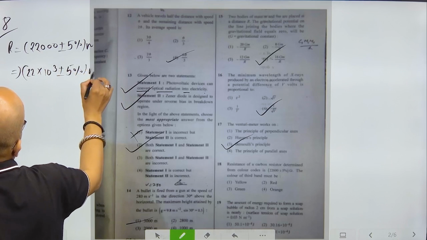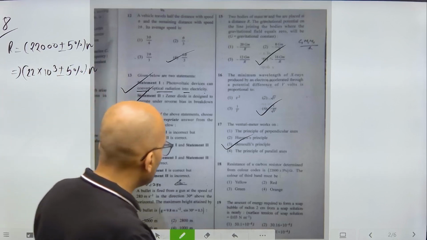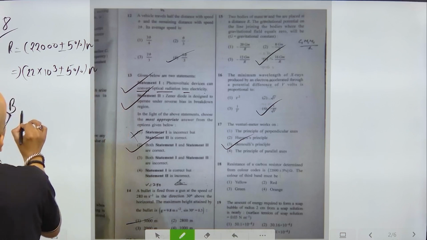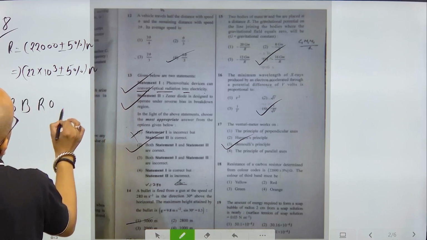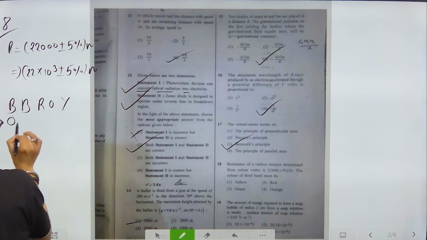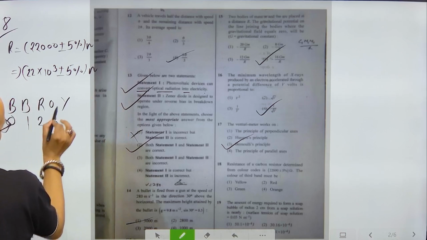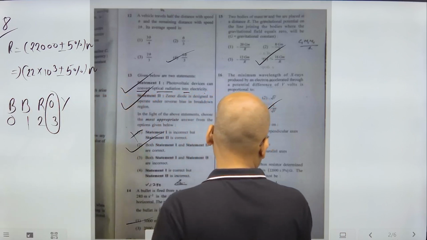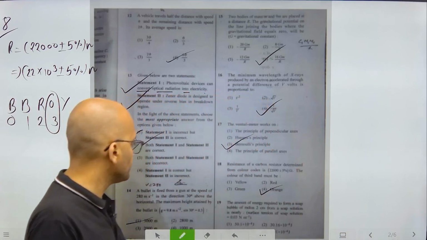Right, we will write it in the conventional form. So the color of the third band, the same thing, BB Roy. So this is 0, 1, 2, 3. Third band is orange. Nothing to do here. Third band, option 4, orange.